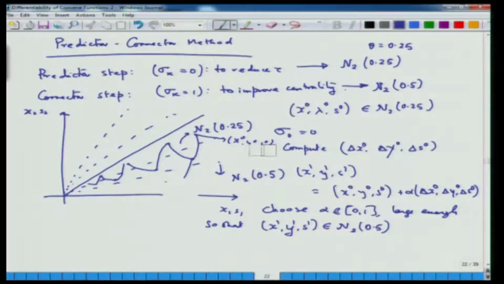So, here this point is corresponding to x naught y naught s naught in the x y space.